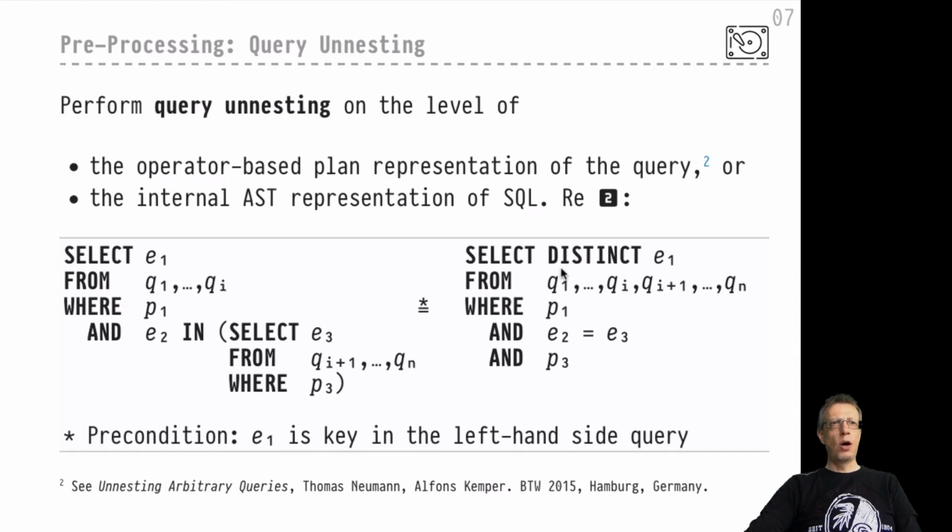All of this stems from the fact that indeed on the left hand side, one E2 value could find many matches here in the right hand side in this nested query. Still, each binding for these first i tables would only lead to a single result in the select clause here, and the distinct here will make sure that this is the same behavior on the right hand side.